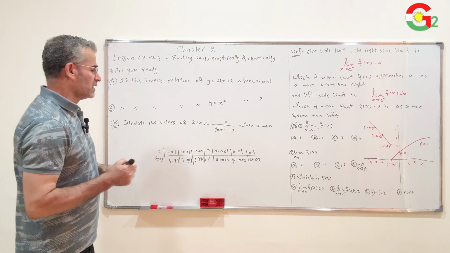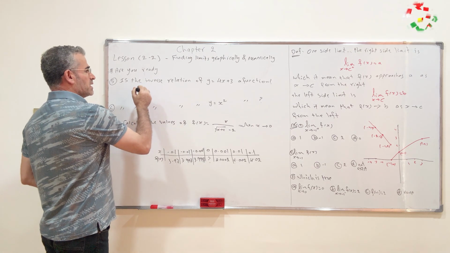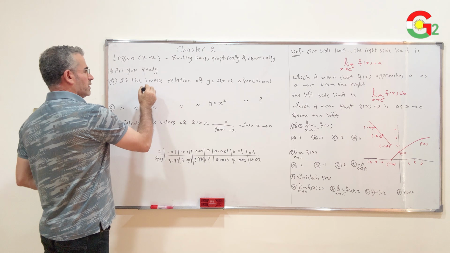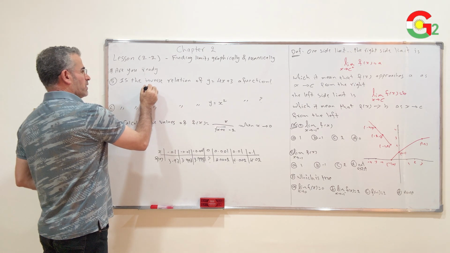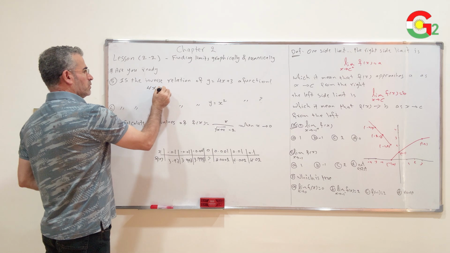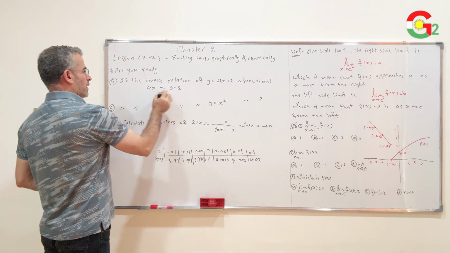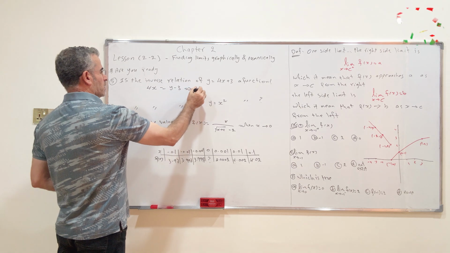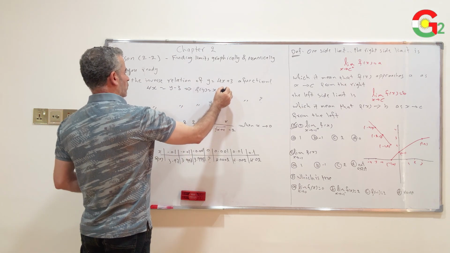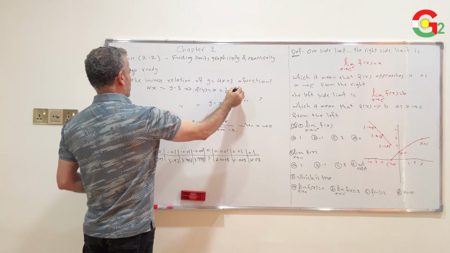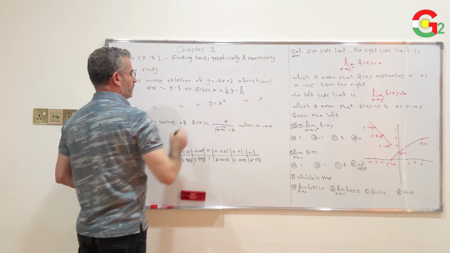If we want to know whether it is a function or not, we will rewrite it as x a function of y. It will be 4x equal to y minus 3, then x equal f of y equal 1 over 4 y minus 3 over 4.